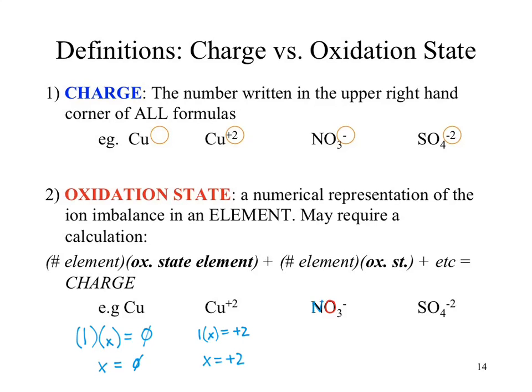How many nitrogens are there? What's its oxidation state? Plus. How many oxygens are there? 3 times the oxidation state. What's the oxidation state? Okay. Based on our memorization skills, we would remember from that previous slide that oxygen will always have a -2 charge, so we can immediately sub that in here if you would like to.